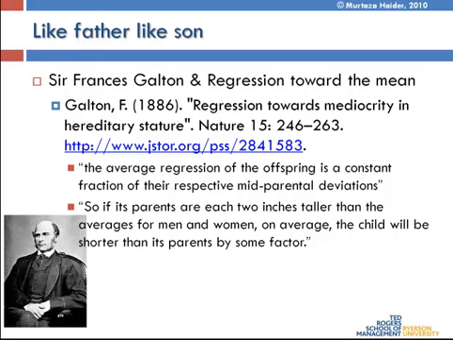And of course, his uncle was Charles Darwin, and Darwin encouraged Francis to keep on probing, and then the result was this paper that he wrote, called Regression Towards Mediocrity in Hereditary Stature, that is the height, and it was published in 1886 in the journal Nature. It's also available online, and I have made the URL available if you are interested. This is the URL.